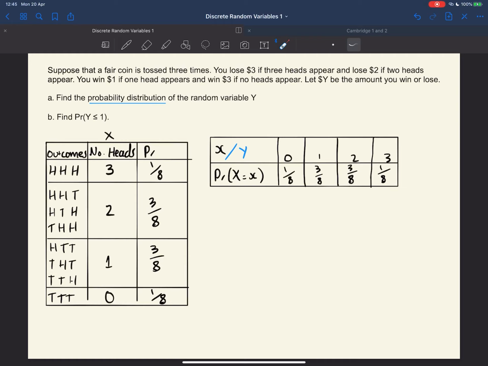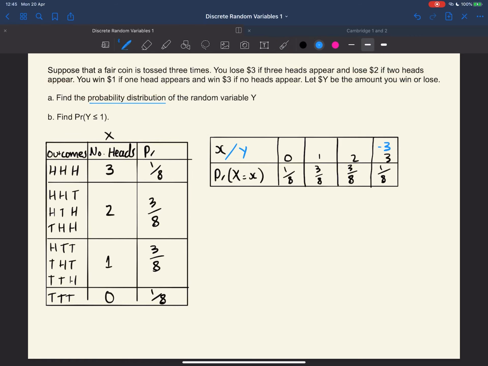So let's read it. You lose $3 if 3 heads appear. Right? If 3 heads appear, you lose $3. So I'm going to write -3, like that. Next, you lose $2 if 2 heads appear. That's going to be, if 2 heads appear, you lose $2.